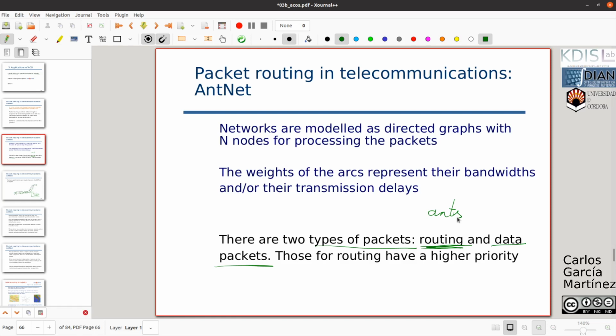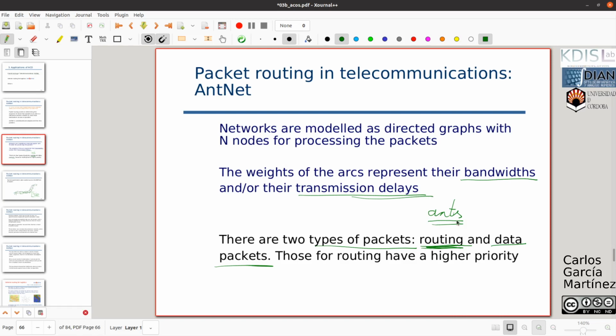All the nodes, all the computers, at some frequency generate ants with particular destinations, and these ants wander through the network according to some information of the network, which is some heuristic information, which is perhaps the bandwidths or transmission delays of the links, but also some memoristic information, some pheromone information, which is stored in the routing tables.